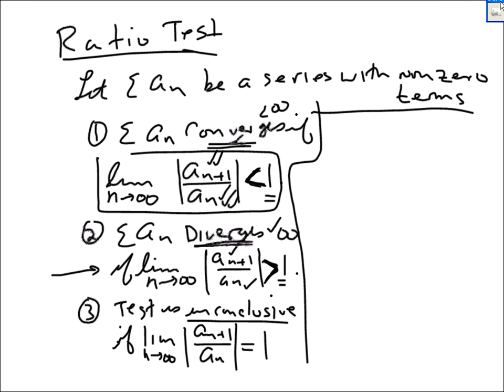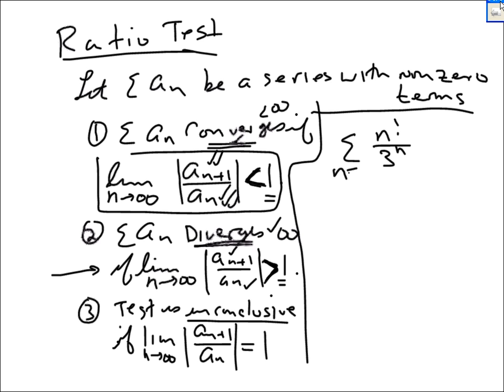Okay, so let's use a couple of examples. So don't worry about the proof. Ratio tests are really good when you have variables in the exponent and you have factorials. So suppose you have the summation of n factorial over 3 to the n.